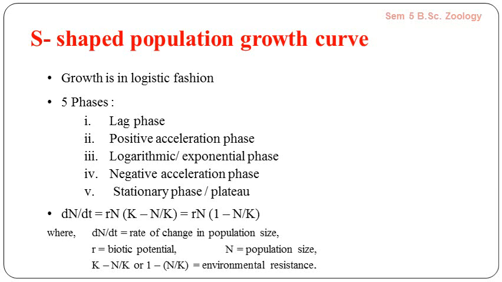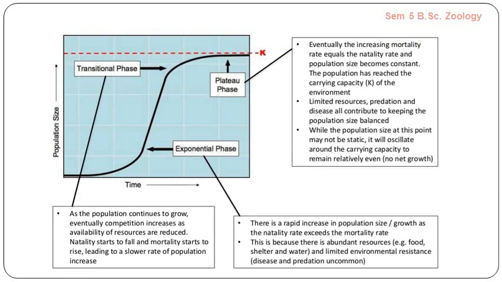Now, (1 - N/K) is the environmental resistance that checks the biotic potential and keeps the population stabilized at the plateau. Okay, so that is the S-shaped growth curve.